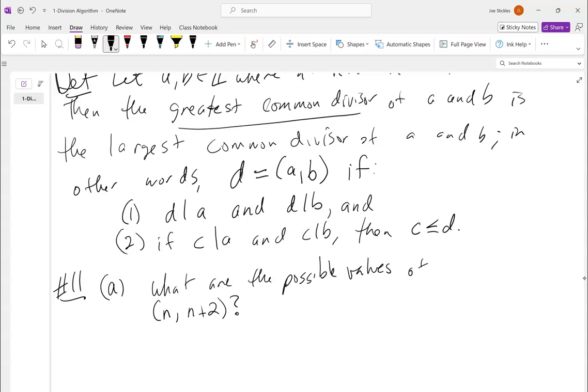I said that we can probably get at this by using the idea that if I have a common divisor of two things, it also has to divide any linear combination. Now, linear combinations can work adding, but they can also work subtracting. Nothing says that I can't multiply by a negative, right? Can I combine n and n plus 2 and get something relatively small?